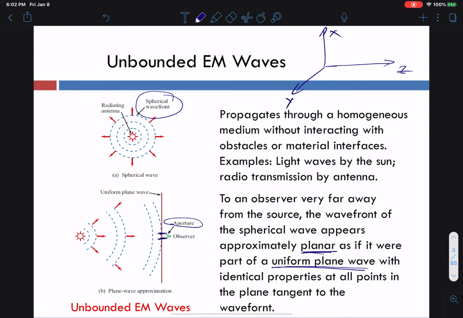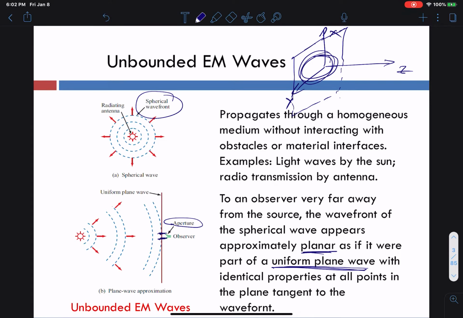If you look at the wave on this xy plane, your wave is propagating towards the z direction, but on every slice of the xy plane, it should have the same property everywhere. That's what we call a planar, uniform plane wave. So that means on the xy plane, your wave should have the same property everywhere, okay?